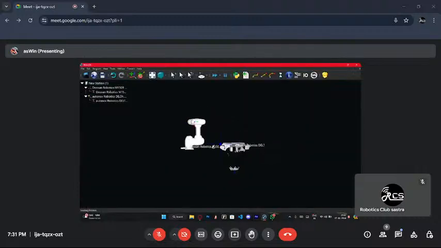Okay, now we have two types of robots here. The left one is a serial manipulator, and the right one is a parallel manipulator.